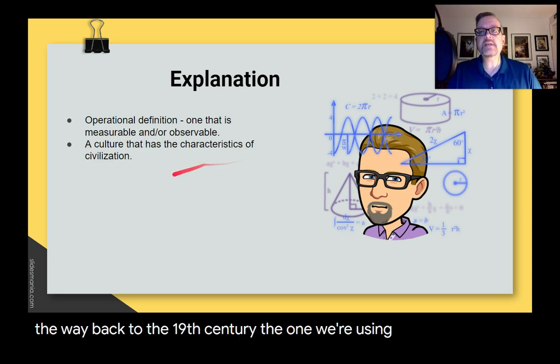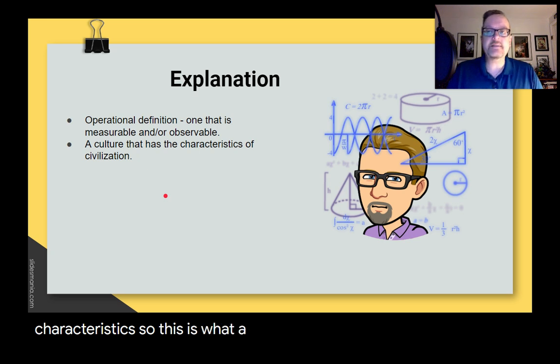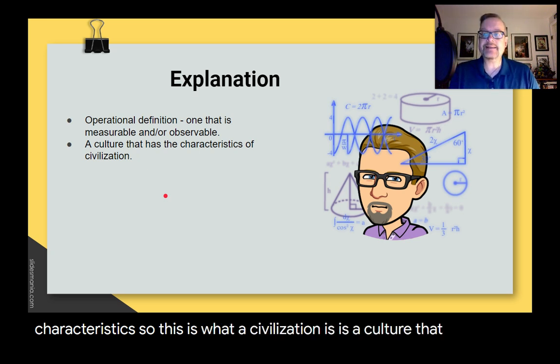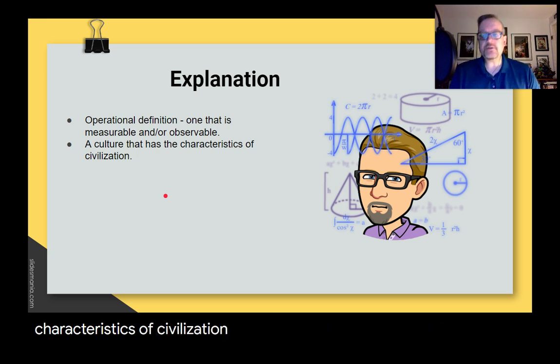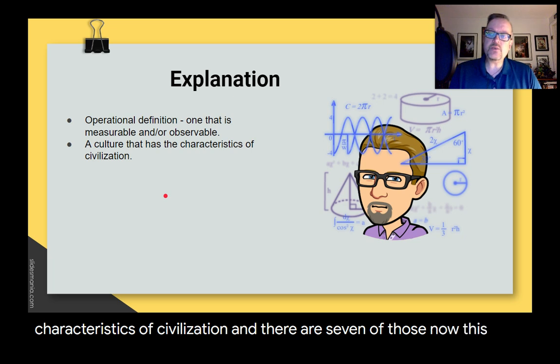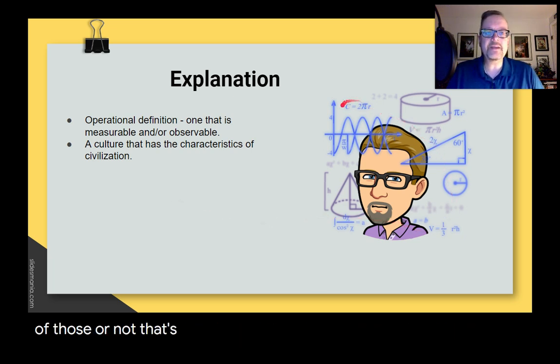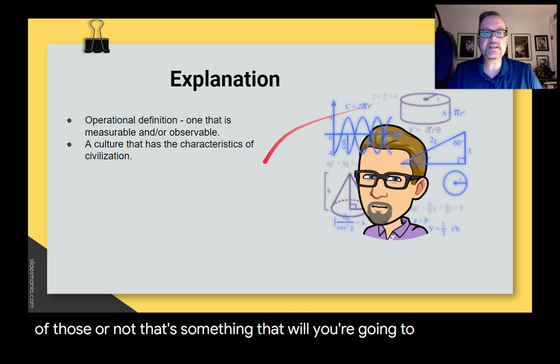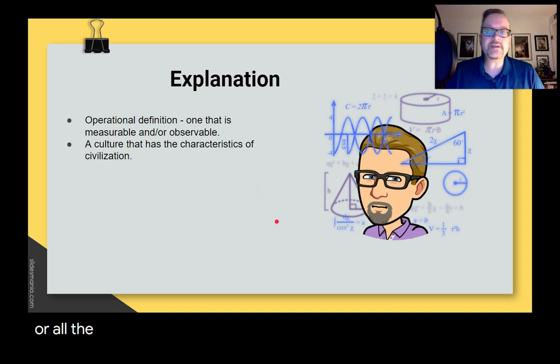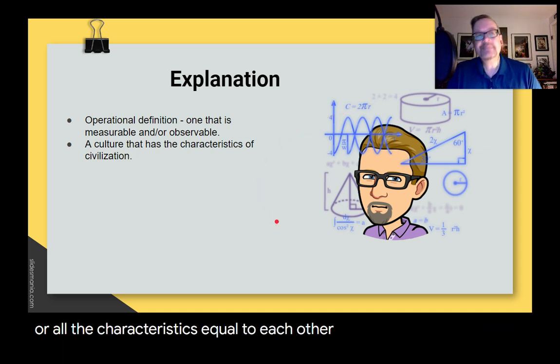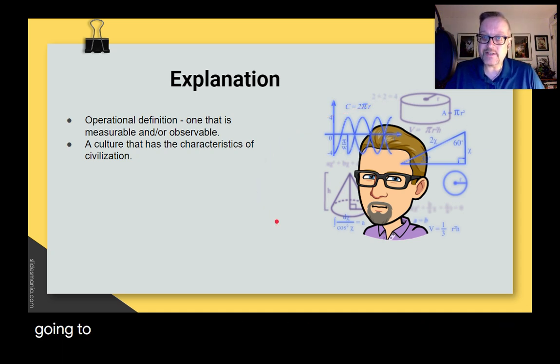The one we're using has 7 characteristics. A civilization is a culture that has the characteristics of civilization, and there are 7 of those. Now, this is where it becomes an interesting argument. Does it have to have all 7 of those or not? That's something you're going to have to decide. Are all the characteristics equal to each other? Again, you're going to have to decide.